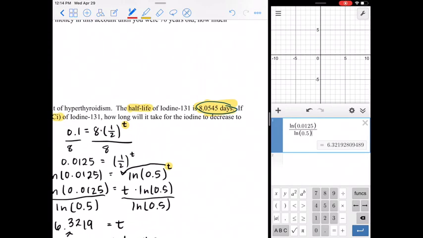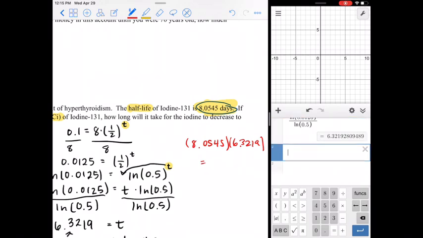And let me just write it out here. So 8.0545 times 6.3219. And I'm just going to do this.